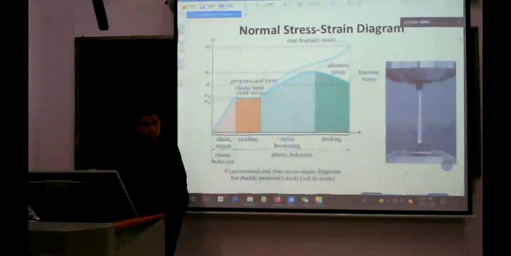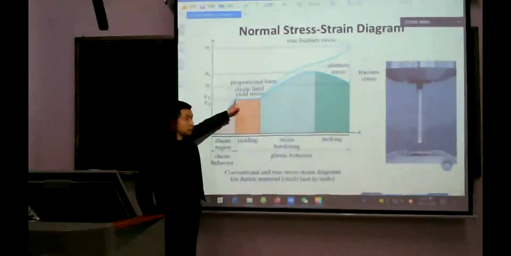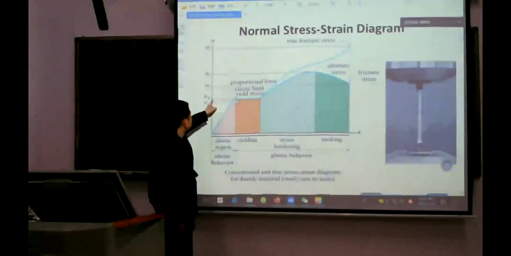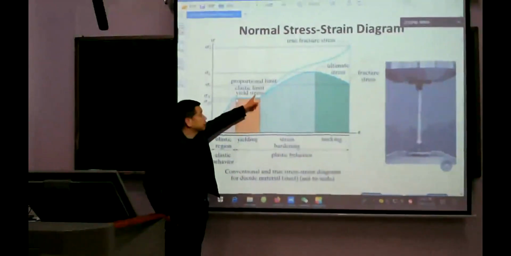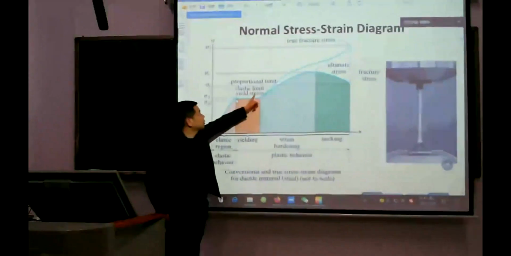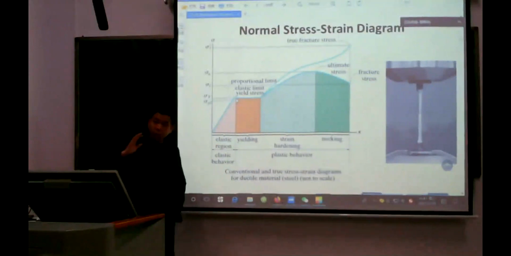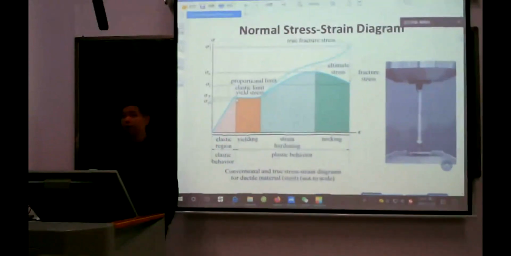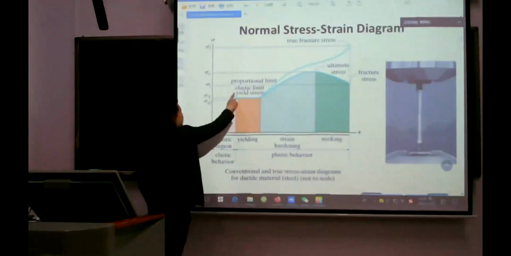So if the stress is less than this value, we call it the elastic limit. After we remove all the load, all the deformation will disappear. So we call it the elastic limit.